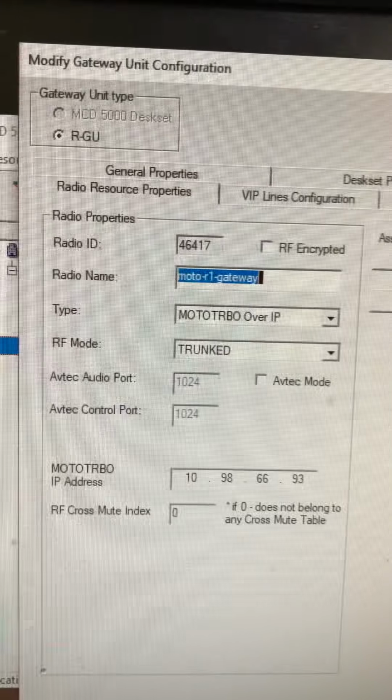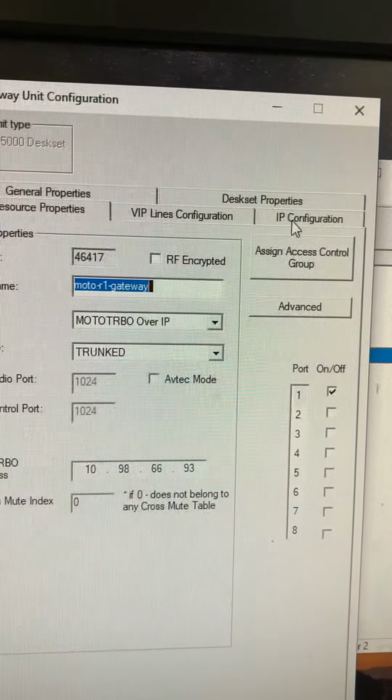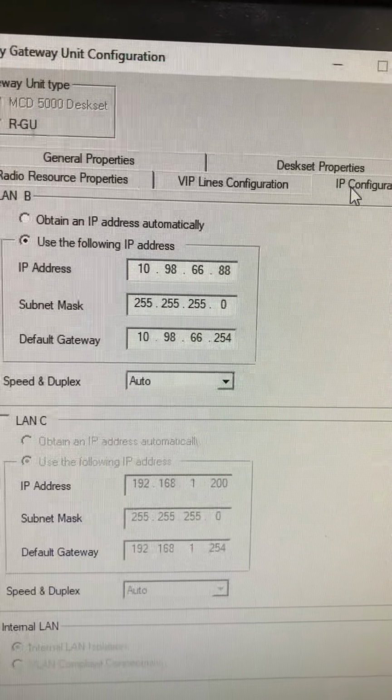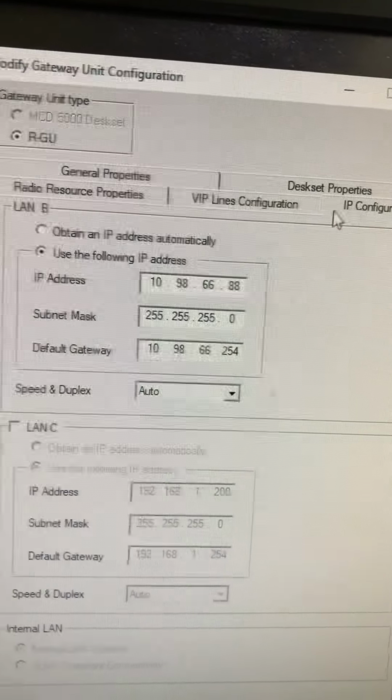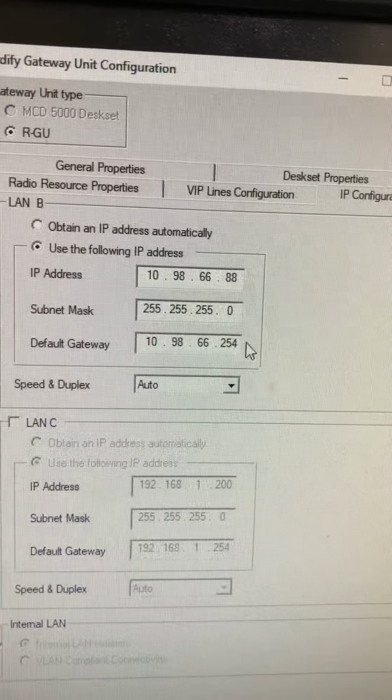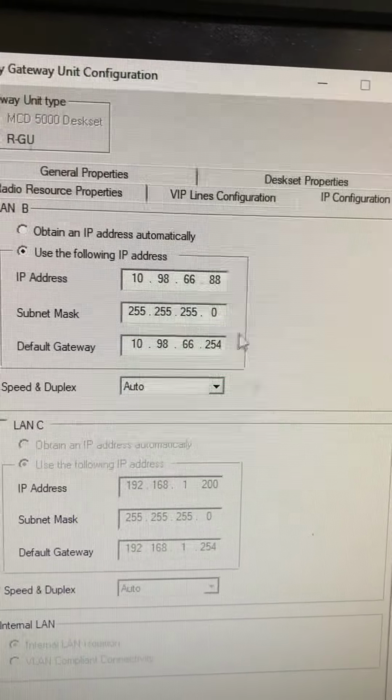I'm just going to go through the IP configuration here, and I just picked this because it was in the manual. Not that I would normally have a default gateway ending in 254, just so we're clear on that.